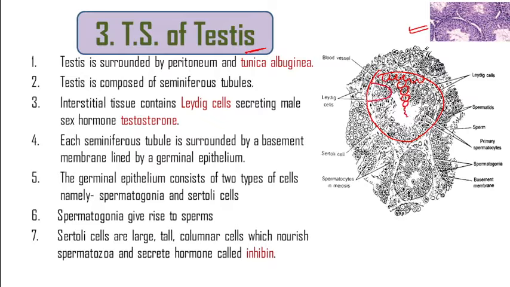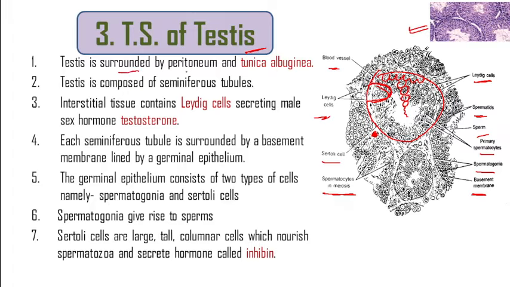And you are also going to show the Sertoli cells and here the interstitial or Leydig cells. Okay, so these are the Leydig cells, spermatids, sperm, primary spermatocytes, spermatogonia, basement membrane, spermatocytes which are undergoing meiosis, Sertoli cells, okay, Leydig cells and blood vessels. These are the different labels that you have to show when you are drawing the diagram.